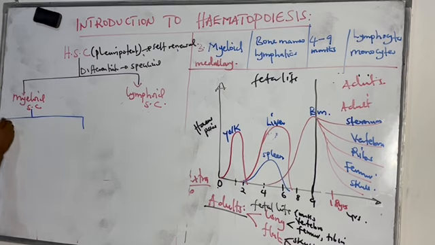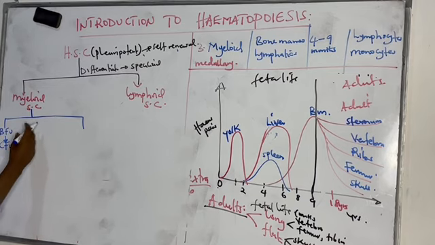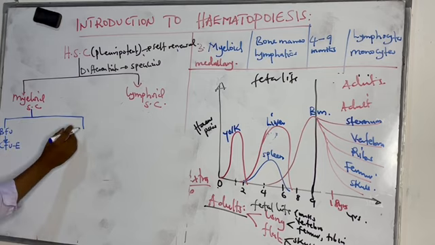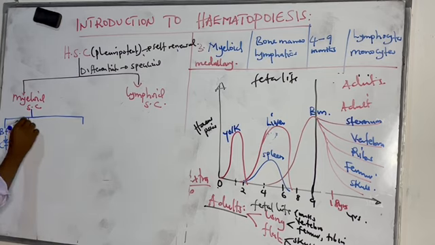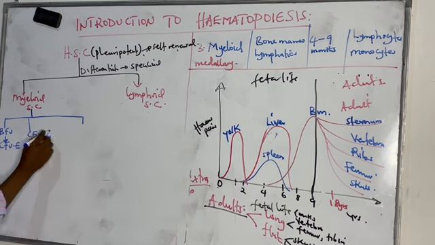Whereby in the progenitor cells we can have colony forming unit, but before forming colony forming unit we form burst forming unit, and then burst forming unit gives us colony forming unit, erythroblast. Then we see another proliferation to give us colony forming unit, basophil.